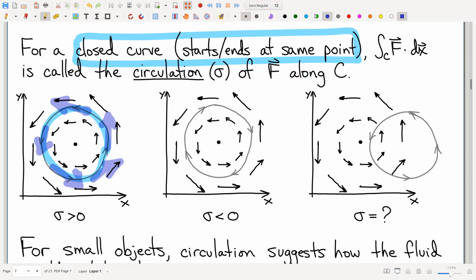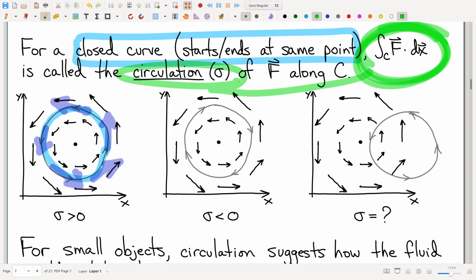So if the vector line integral is measuring the extent to which the fluid follows the curve, and if the curve is going around in a circle, you could make the interpretation that this expression here is measuring the extent to which the fluid is also going around in a circle. And thus, I think, a pretty reasonable motivation for the term circulation. Okay, so anyway, that's the term.